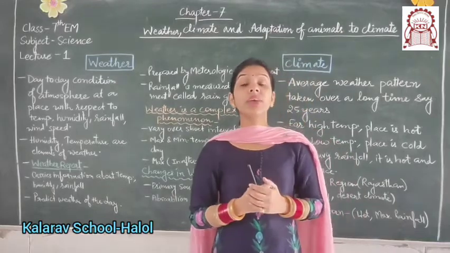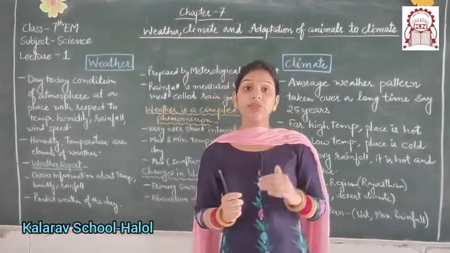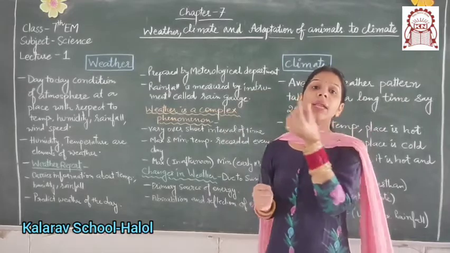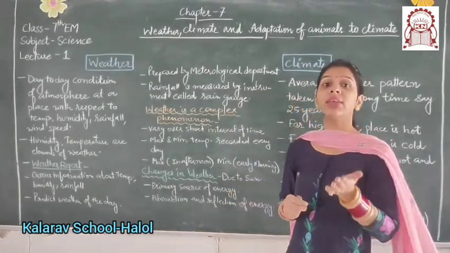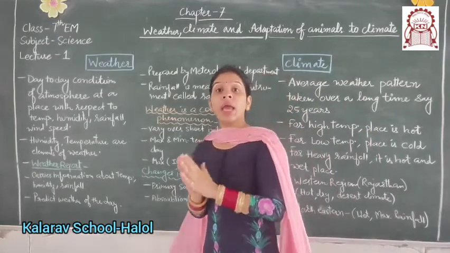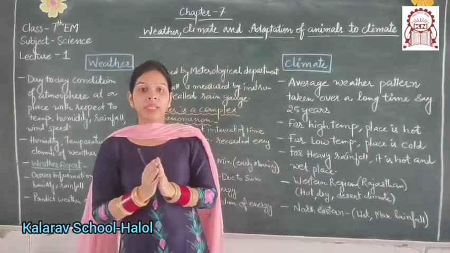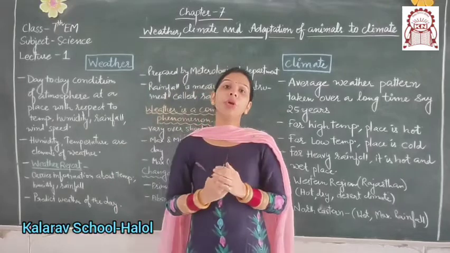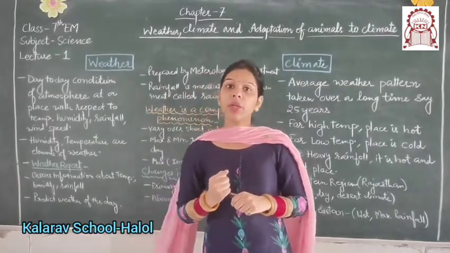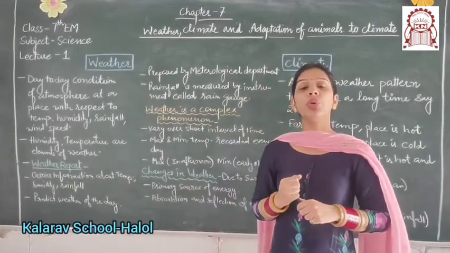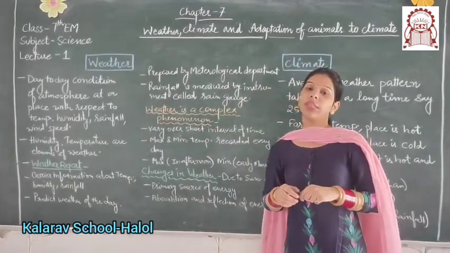You can also see the weather in many newspapers where minimum and maximum temperature is given. You can also check the weather report from your mobile internet. So the meteorological department of the government helps us to know about the weather report of the place.